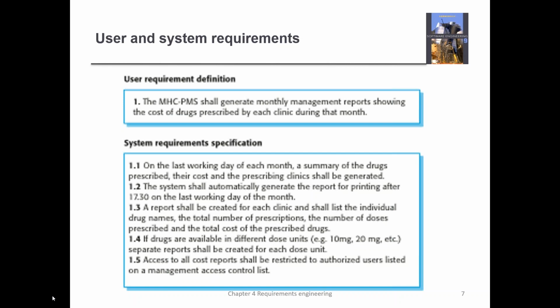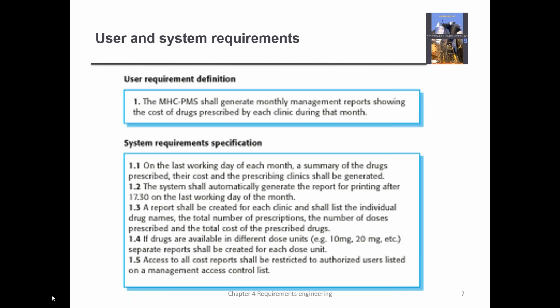1.3 goes on to say a report shall be created for each clinic and shall list the individual drug names, total number of prescriptions, the number of doses prescribed, and the total cost of the prescribed drugs. So you're getting very specific here.